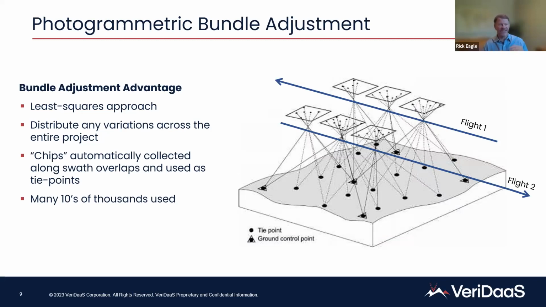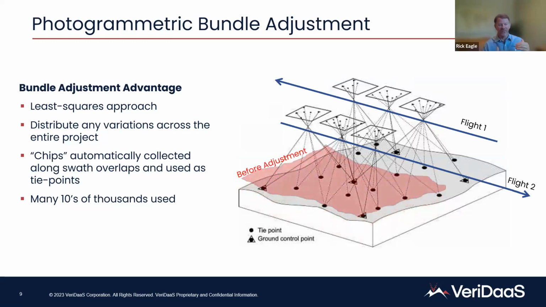And what happens is this is like a photogrammetric bundle adjustment where we're taking all these different looks and making small tweaks. The software is able to look at very specific things that jump out in the data, like corners of buildings and things like that. And it's able to match those up with the different look angles and make these fine adjustments.